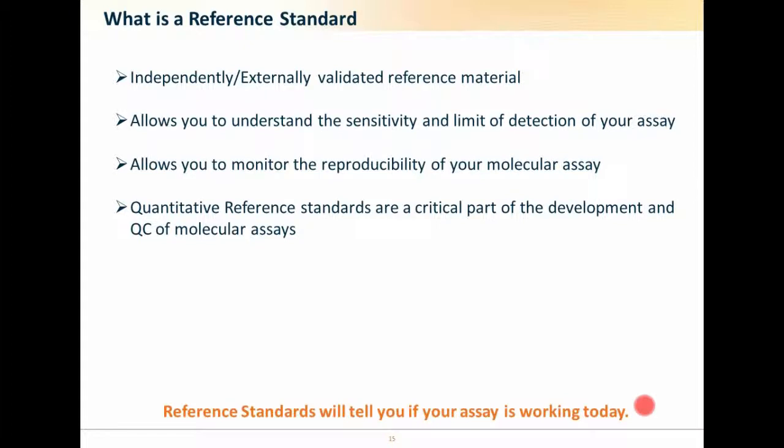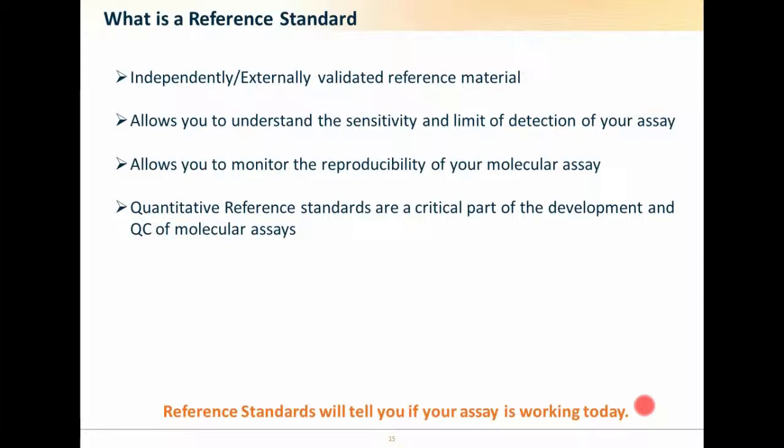It's probably a good time to define what we feel a reference standard is. It's an independent or externally validated reference material. It allows you to understand the sensitivity or the limit of detection of your assay, and it will help you monitor and maintain that the reproducibility of your assay is suitable for your application.